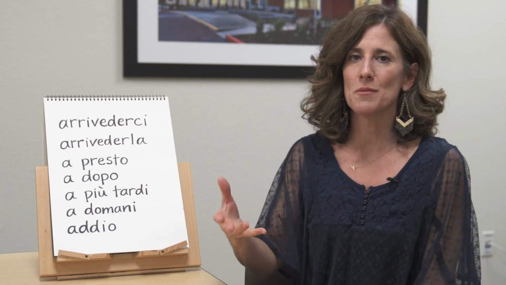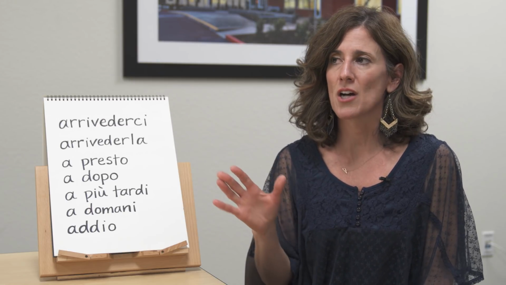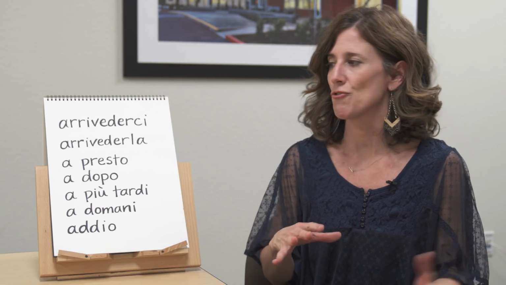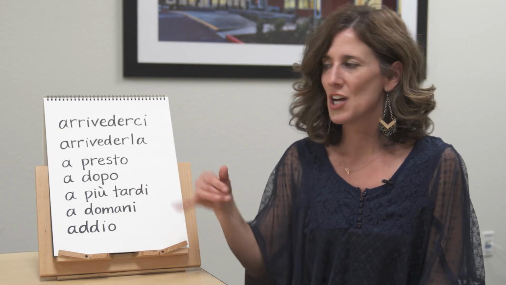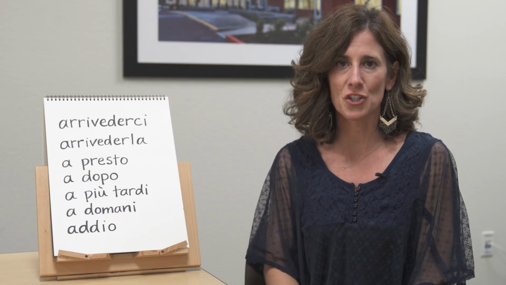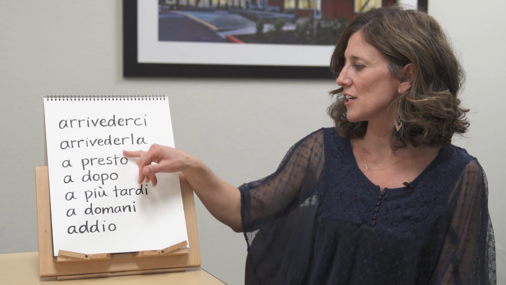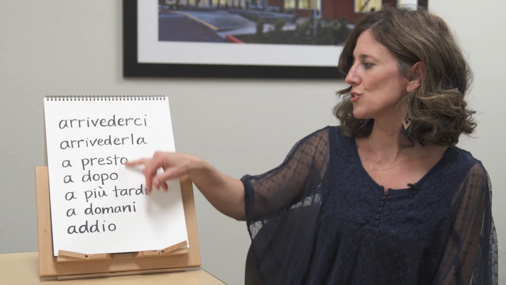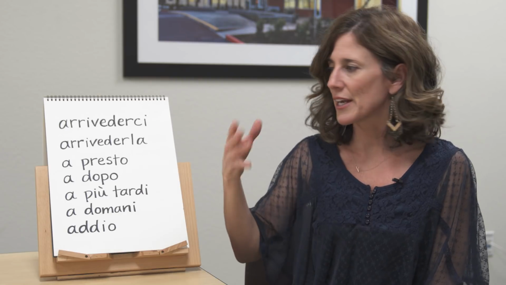I talk about the difference between formal and informal in my video on greetings. So when you don't know somebody, you're going to use arrivederla. When you do know somebody, you're friends with them, you're going to say arrivederci, okay? And then all of these next four can be used interchangeably with arrivederci. You're just saying goodbye, see you later, okay?